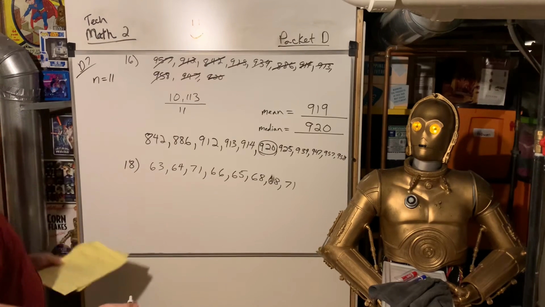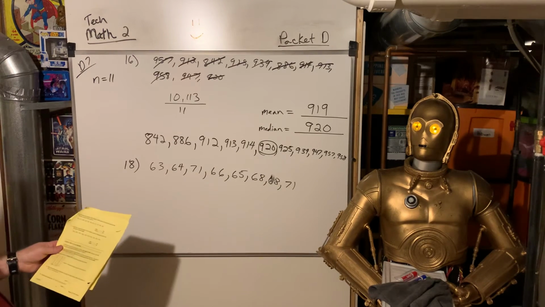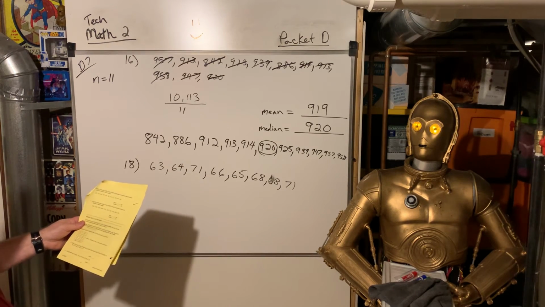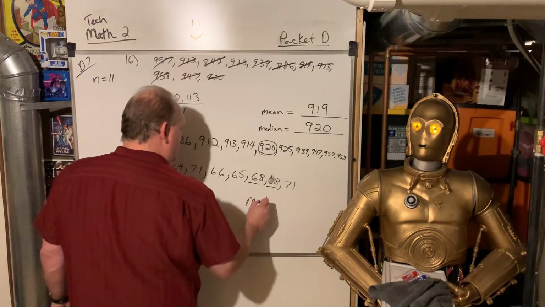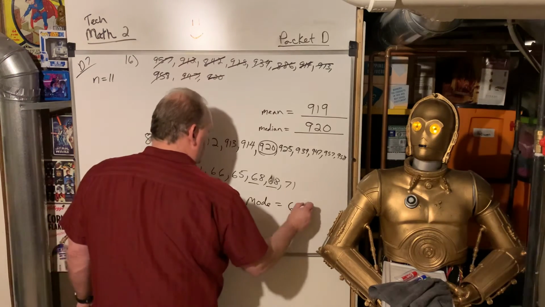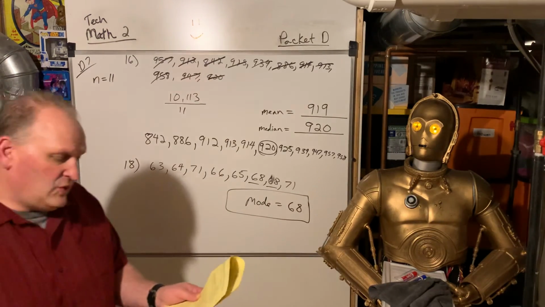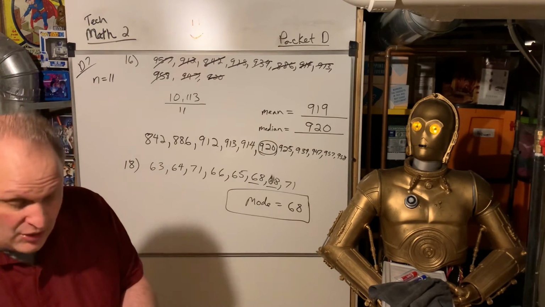If we wanted the mode here, the only one that is repeated is 68. So the mode is 68. Whichever one is repeated most times is the mode. If there are no repeats, there is no mode.